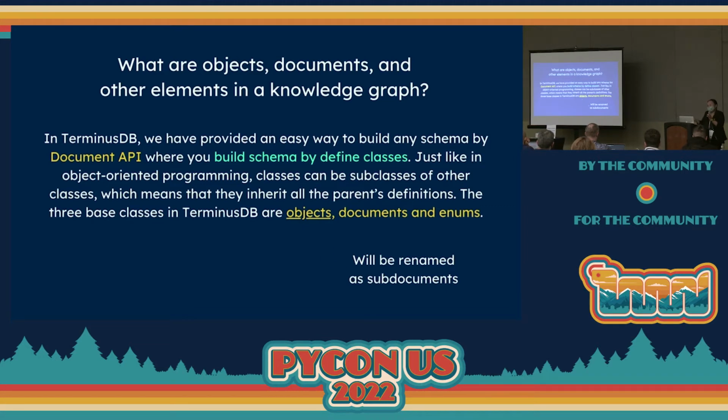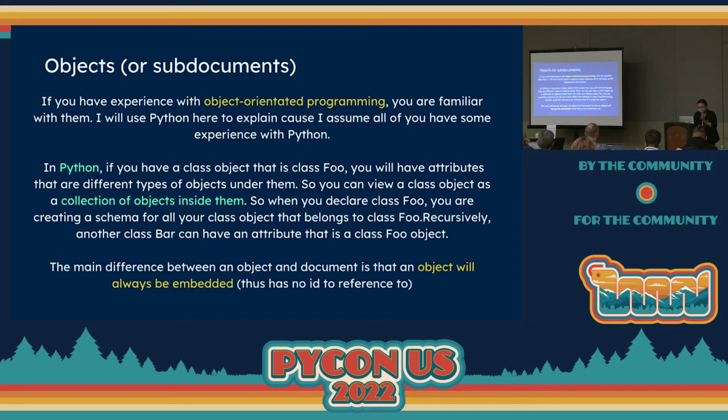Well, we're all familiar with it, but yeah, more details. Objects, we're not alien to it, right? Because with Python you would already come across object-oriented programming. So if you think about an object or document in a schema, that is like a class, right?